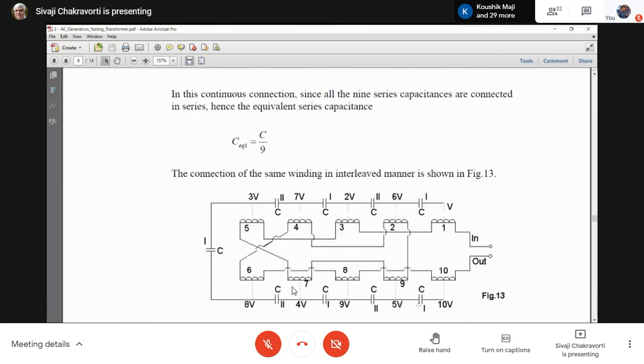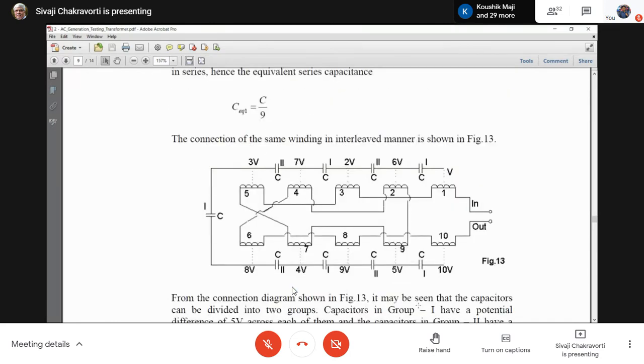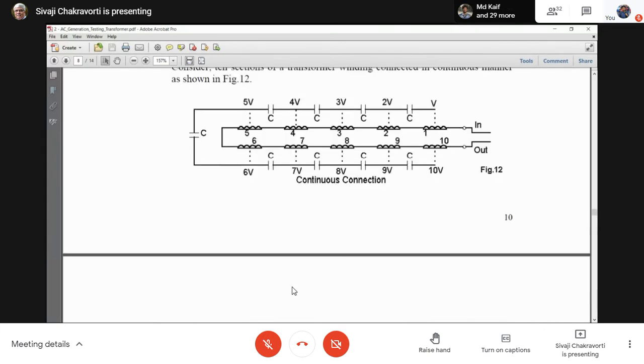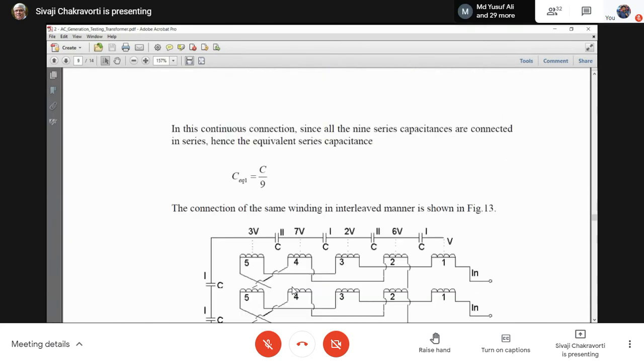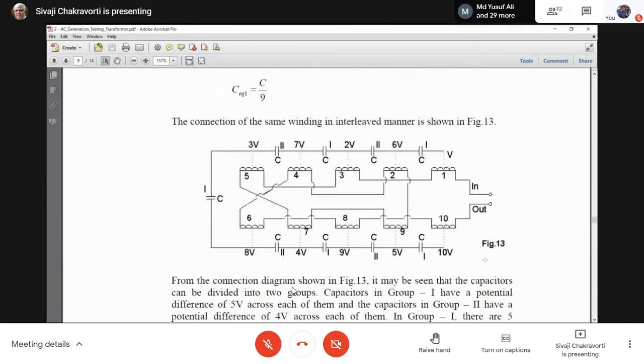What happens if it is interleaved? That is the interesting part. How is it connected? Here all the sections are in series, whereas in this diagram they are not so. Section 1 is in series with section 3, 3 with section 5, 5 to 7, 7 to 9.